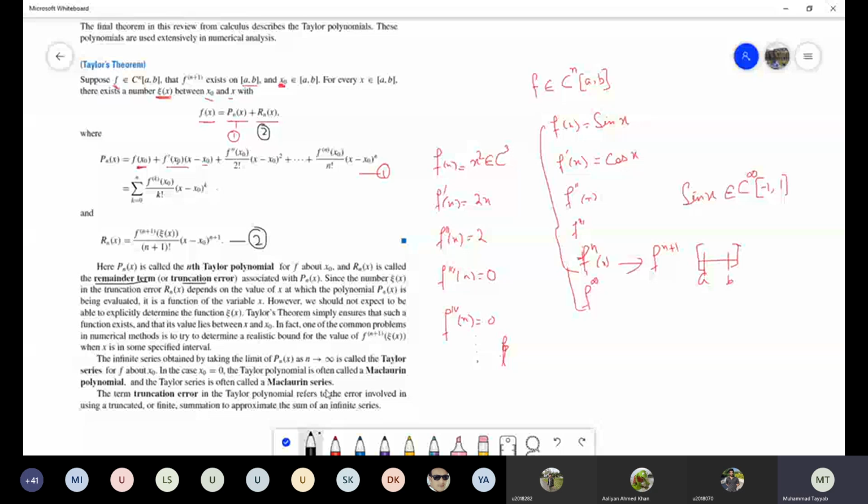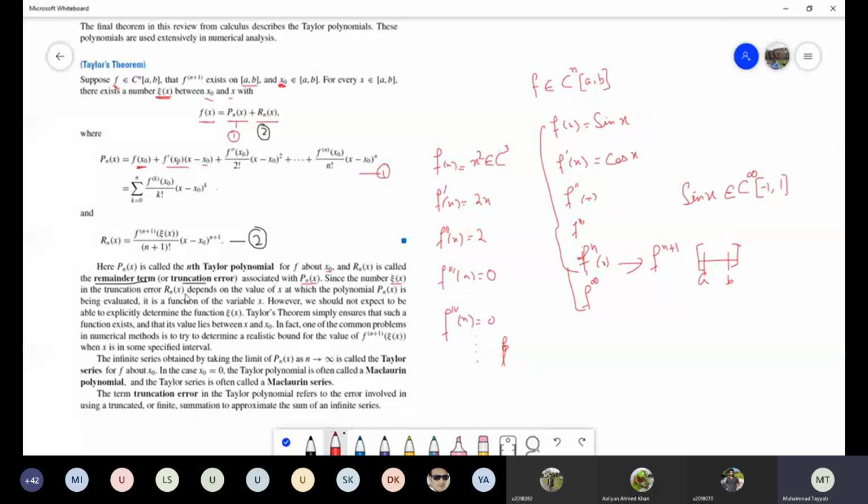So now the interesting point of this theory is that the number xi of x gives the truncation error. Rn of x depends on the value of x at which the polynomial Pn of x is being evaluated. So whenever you compute the polynomial of any function f of x, you also need to compute the number xi of x, which gives the truncation error.